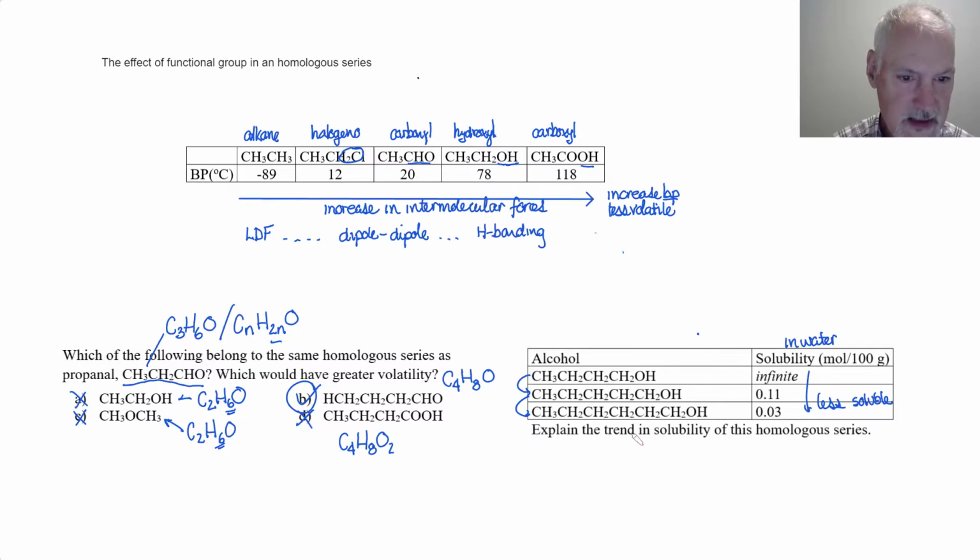Let's take a look at why that's the case by looking at this first one. So this would be a 4-carbon molecule with our OH group. And then there would be hydrogens here, H2, H2, H2, and H3. If we look at the structure of this, I'm going to kind of divide it in half. This portion of the molecule is very polar, and this portion of the molecule is nonpolar.